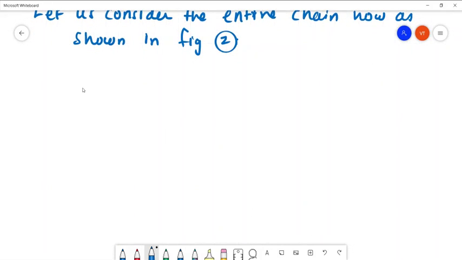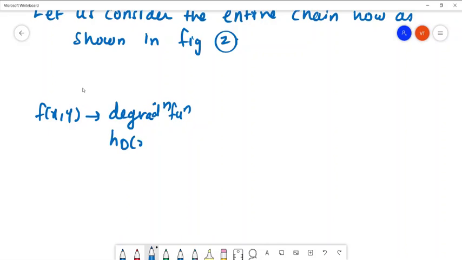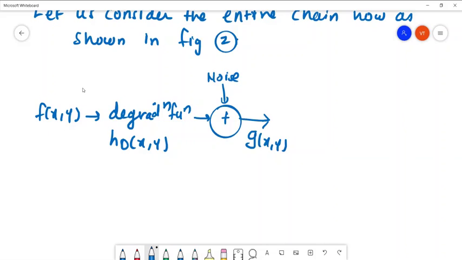Okay, so now f(x, y) is the original image, then the degradation function, which is given by hd(x, y). Then there is noise. Okay, then we'll get g(x, y). Noise is what? n(x, y), right?